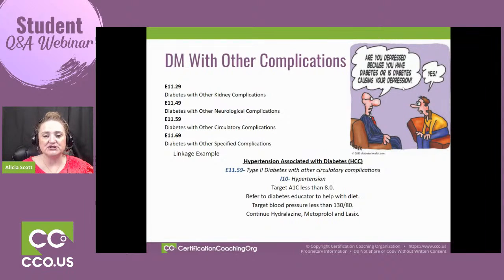And then the provider can choose for you. It does change the RAF score and the score for the patient for it to be an E11.59, which is an 18, versus E11.9, which is a 19.